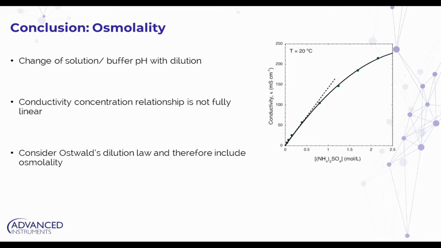This has already been elaborated by Kristeena. And I think if we go back to our basic chemistry, we should consider Ostwald's dilution law and therefore include osmolarity, because we know that the dissociation constant of a weak acid or base is highly dependent on the concentration.